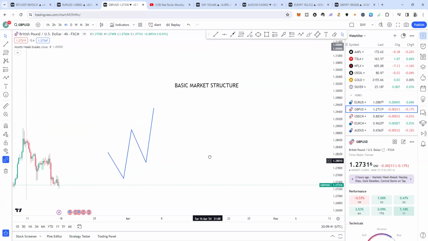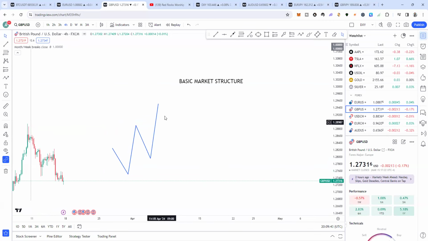So one of the things we'll be looking at is some terminologies that are going to help you. They are basic terminologies, just like ABC. When you want to teach a child how to spell a word, you don't just tell him to spell a word. You teach him the basics, and it's the same thing with market structure.